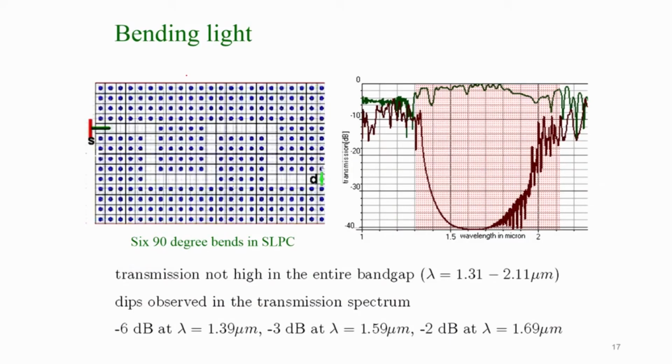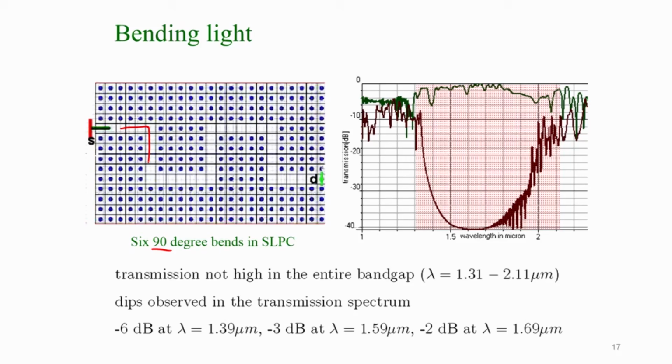This is an example of another device made using photonic band gap structures, the bent waveguides. In this particular case, a line defect is created by removing the holes in this region. These are all 90-degree bends formed by using this configuration.